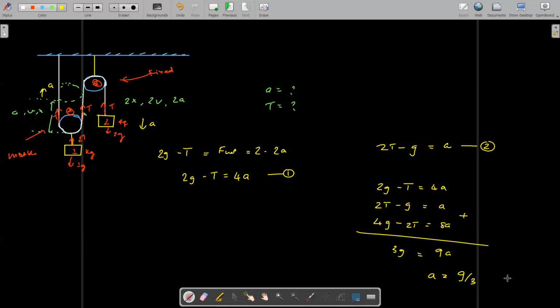So this is how we find the acceleration. It is with that acceleration that this pulley and this mass go upwards, and the acceleration of this body will be 2 times that of this one. Here it's not just a, the value is 2a here. You have to remember that.